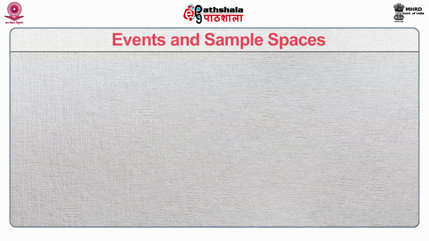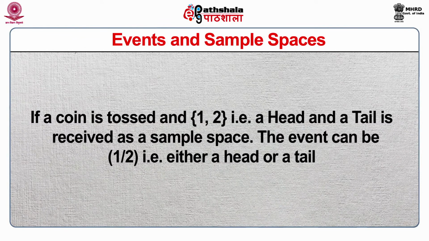A result out of this sample space is known as the event, represented by the letter E. For example, if a coin is tossed and the set {1, 2}, that is a head and a tail, is received as a sample space, the event can be 1 or 2, that is either a head or a tail.